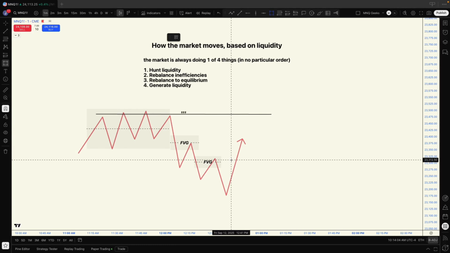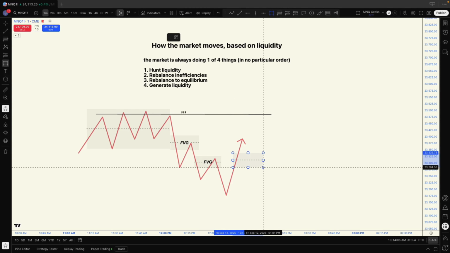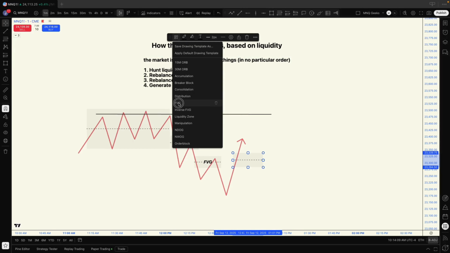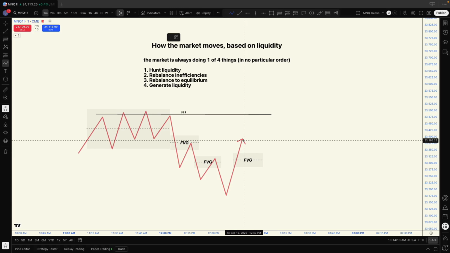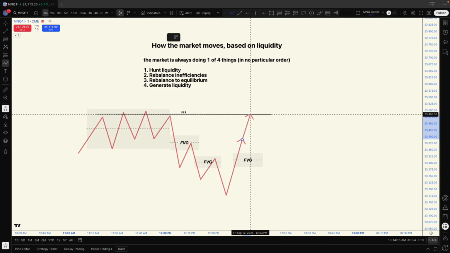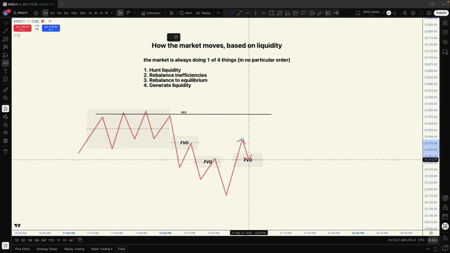However, on the way up, when we're hunting our liquidity, let's say we form a fair value gap right here. There's a very, very slim chance that we just continue all the way up to hunt this liquidity without tapping into this fair value gap. Because fair value gaps are inefficiencies within the market.